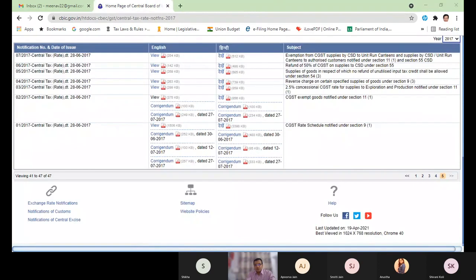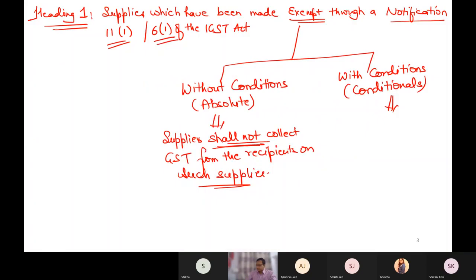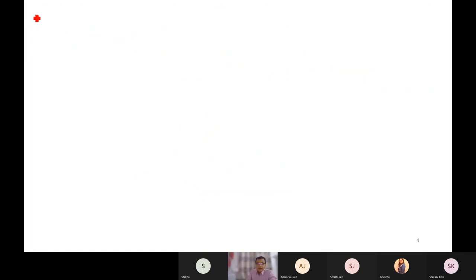And now let me again share with you my notepad. And you can learn any 7 to 8 items if any theory question comes. So the heading is what?